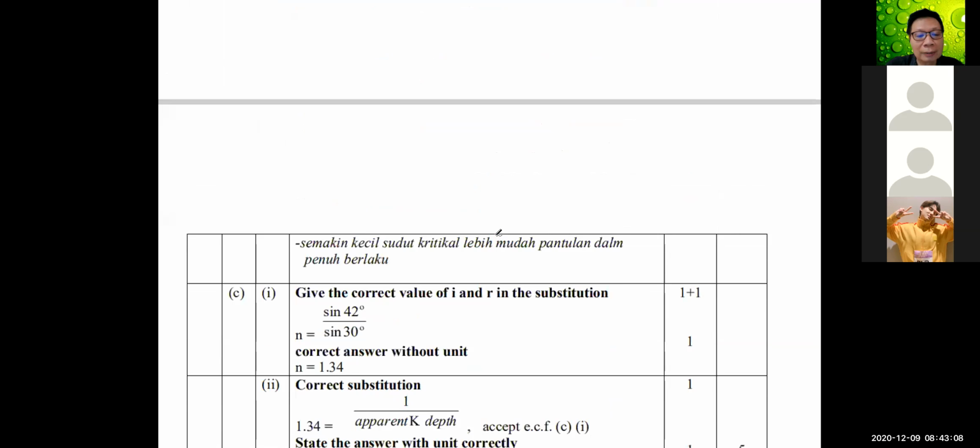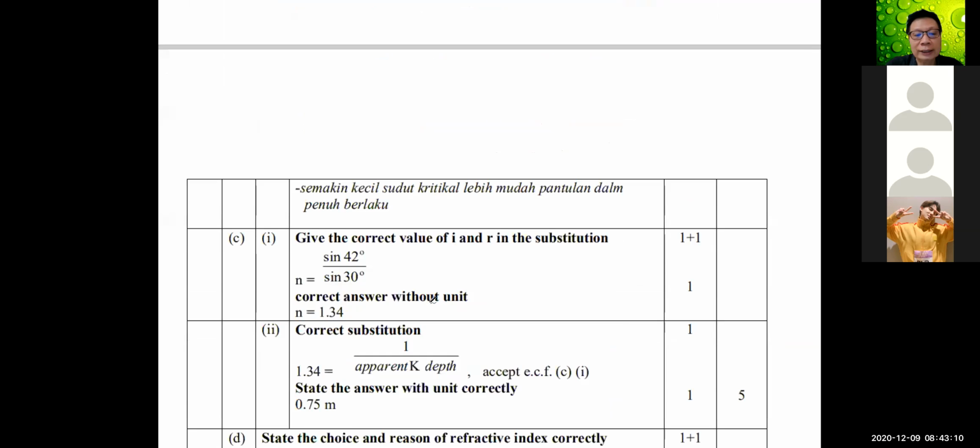See the answer here. Sine 42 divided by sine 30, so you get 1.34. The second answer: n equals big T divided by small d. Big T is 1 meter. Find the apparent depth, so you get the answer 0.75. Check your answer now. Make sure you get this answer.